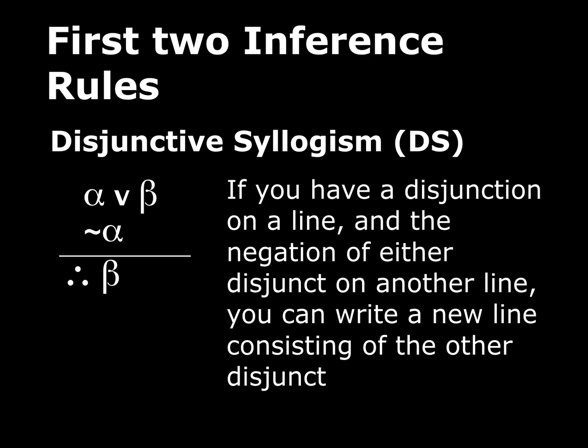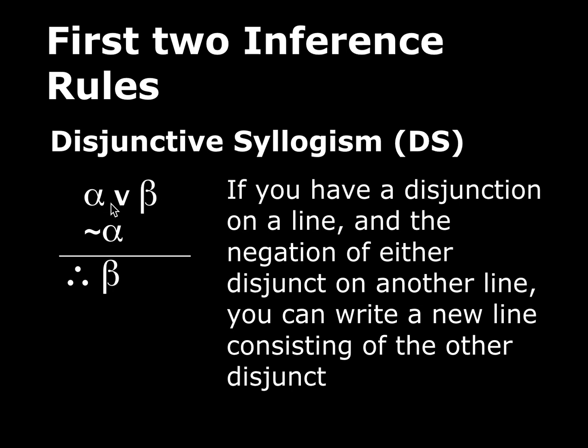Disjunctive syllogism, DS. The rule says that if you have a disjunction on a line, so here's a disjunction, alpha or beta. Again, notice that in this schematic, these are statement variables. So these disjuncts could be atomic or compound, it doesn't matter.